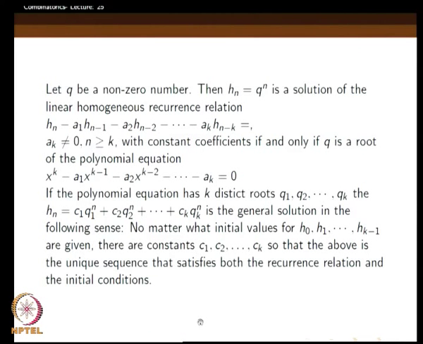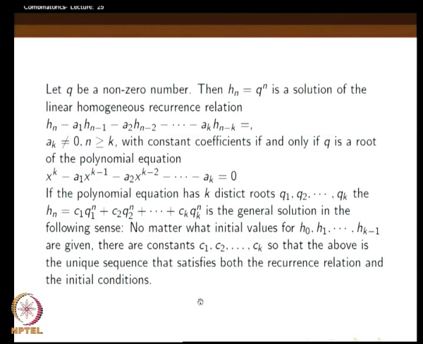So, here we are considering a general linear homogeneous recurrence relation with constant coefficients. So, now we can rewrite the recurrence relation as Hn minus a1 times Hn minus 1 minus a2 times Hn minus 2, until minus ak times Hn minus k equal to 0, here I should have put 0, with ak not equal to 0, n greater than or equal to k.